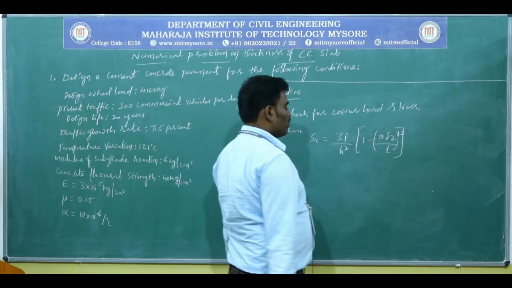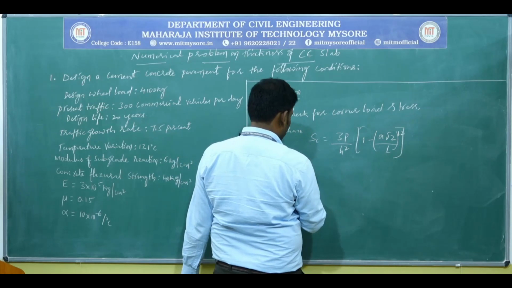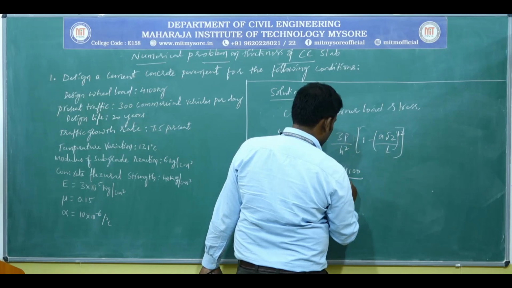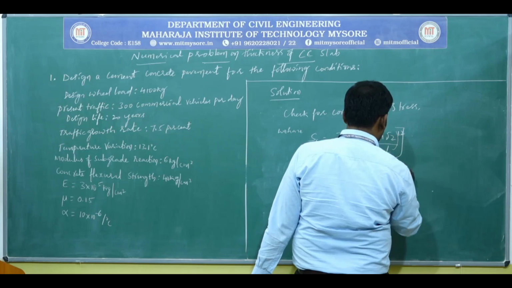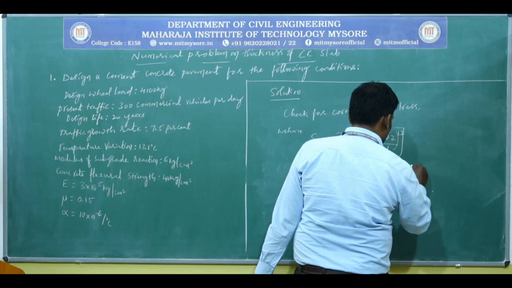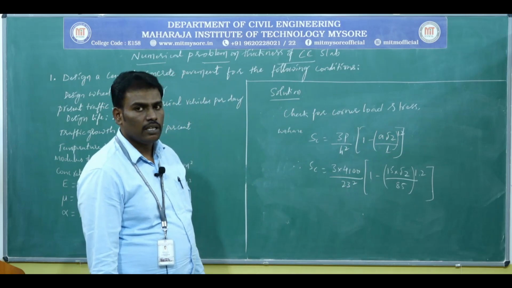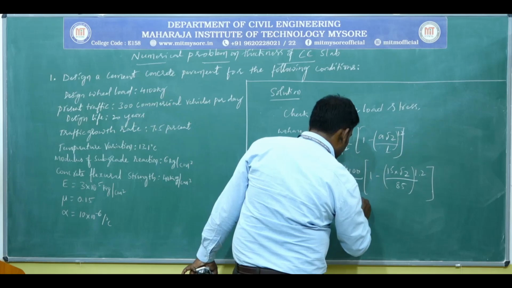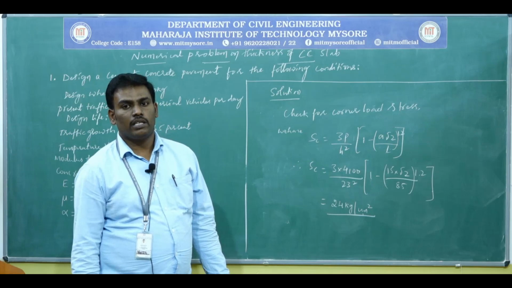Assume the wheel load distribution about 15 centimeter. Therefore SC is equal to 3 into 4,100 divided by 23 centimeter square, into 1 minus 15 into root 2 divided by the radius of relative stiffness we got, 85, power 1.2. How much is SC? It is about 24 kg per centimeter square.